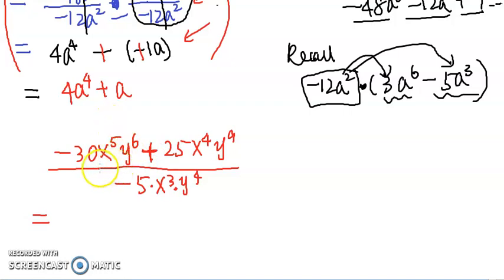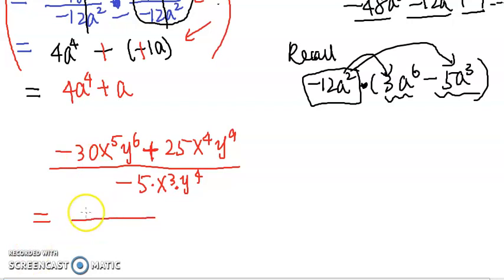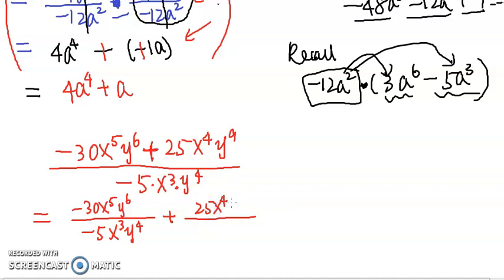To do this, we will divide each one by the bottom. So we divide the first term, negative 30 x to the 5th, y to the 6th, by the bottom, negative 5x to the 3rd, y to the 4th. And then plus the second term on the top, 25 x to the 4th, y to the 9th, divided by the bottom, negative 5x to the 3rd, y to the 4th.